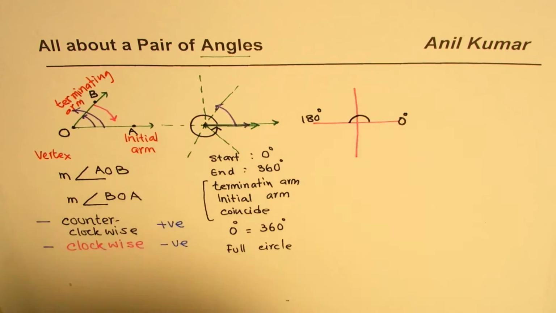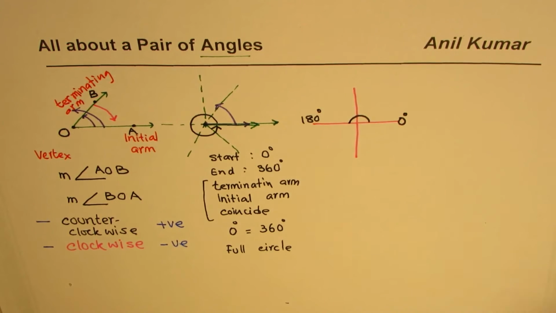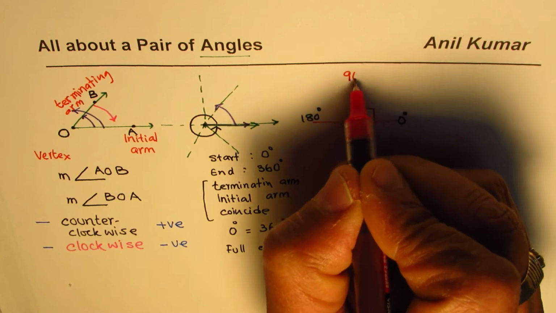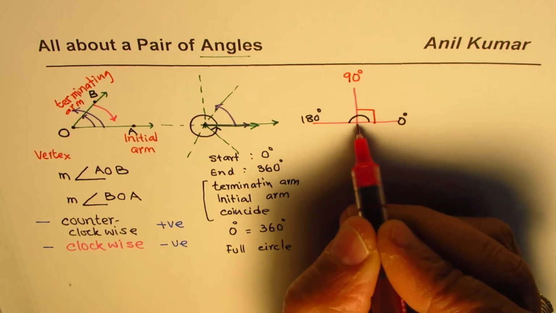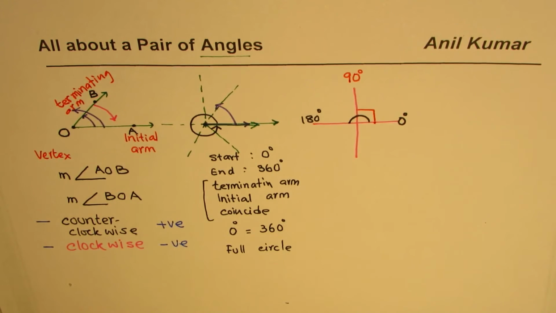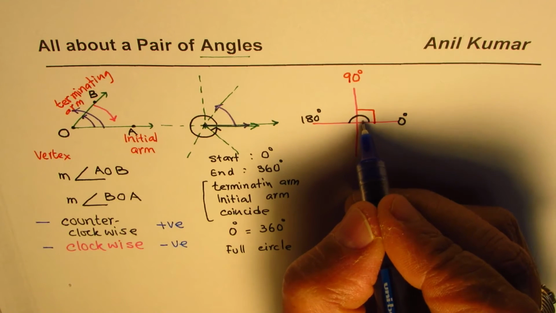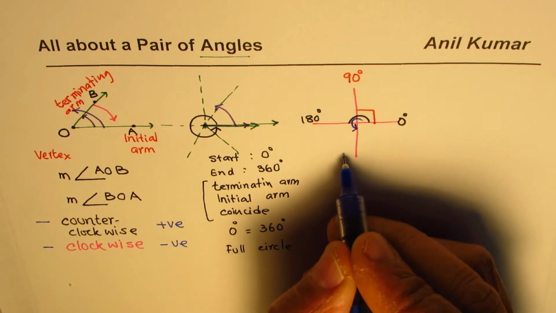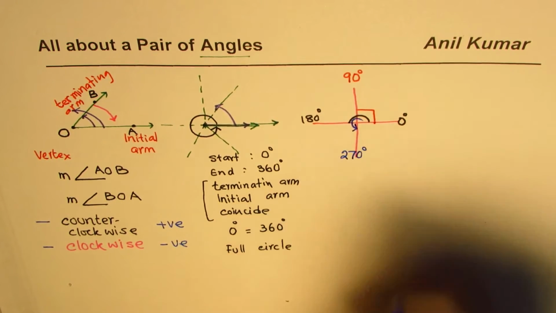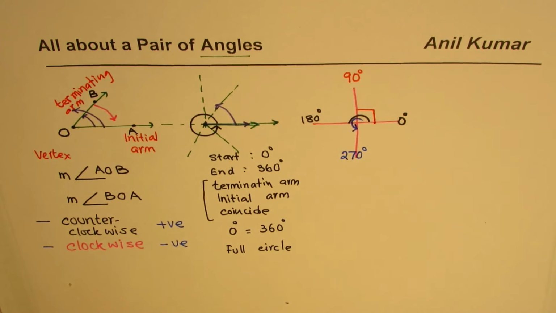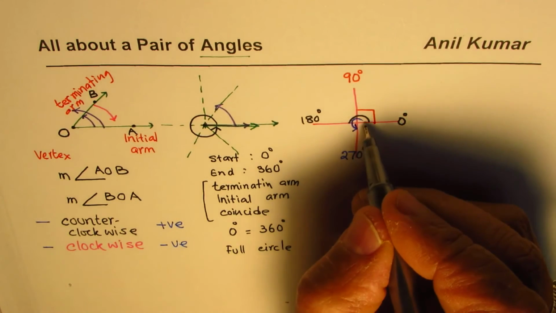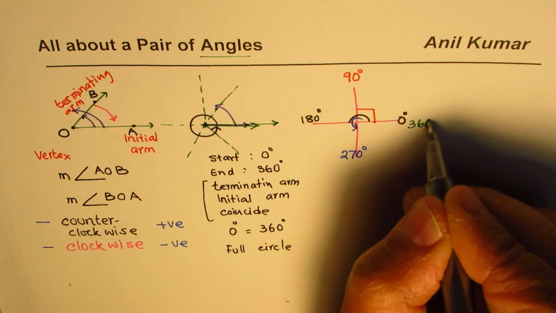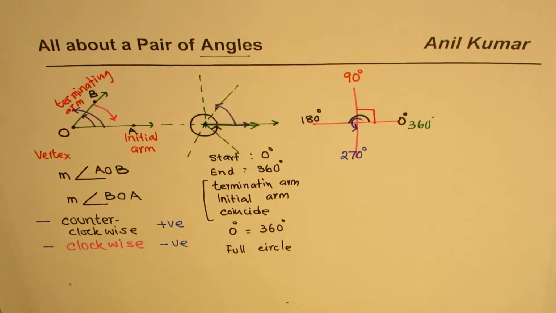As far as half of 180 degrees is concerned, that much is called 90 degrees, and this is called right angle, 90 degrees. The position here, let me make a smaller circle, that much will be 180 plus 90, that is 270 degrees. And if I go further, then that position could be 360 degrees. So 360 degrees and 0 degrees will always overlap.